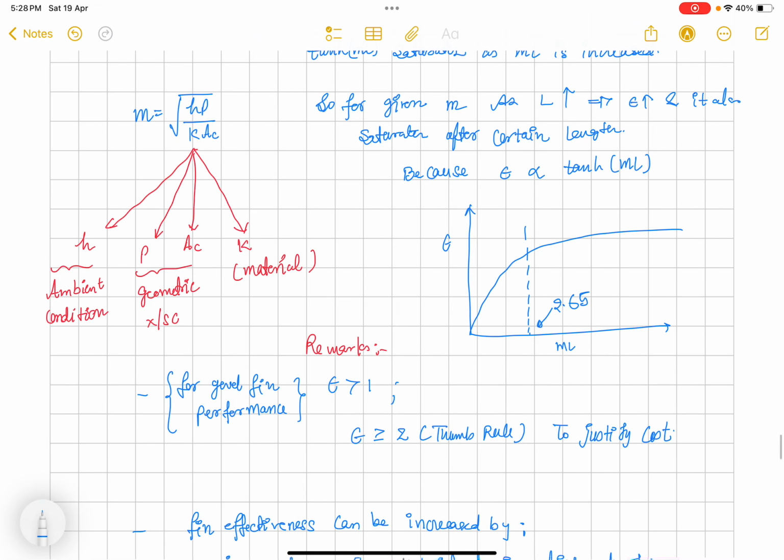All right. And m, we all know, is nothing but under root of hP by kAc. h is the ambient convection coefficient, P and Ac depend on the geometry of the body, cross sectional area and parameter, and k is a material property. So if they are constant and we increase the length, effectiveness will first increase and then it will saturate.